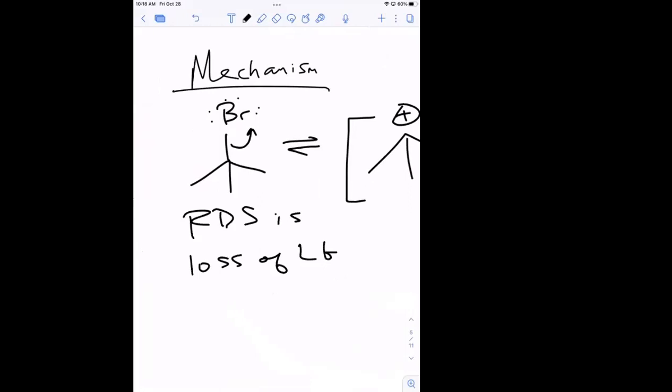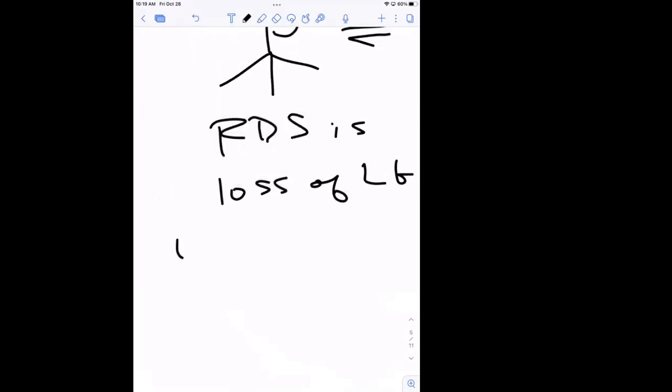So how do I write the rate law for this reaction if the rate determining step only involves the substrate? Good. Mike said k times the concentration of the substrate, and that's 100% correct. This is why it's unimolecular.